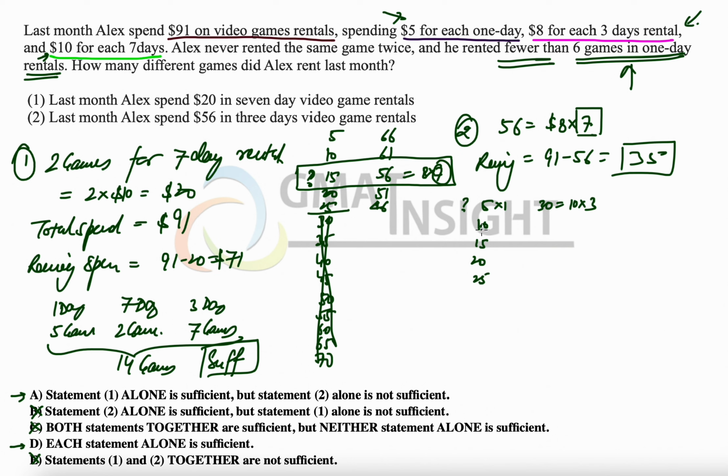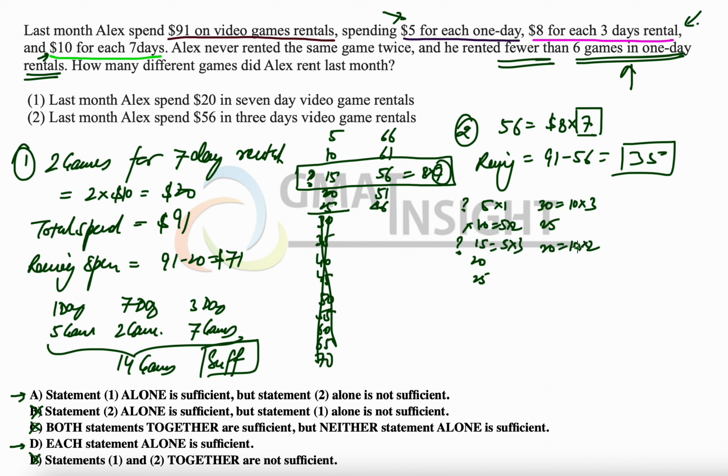The second possibility, let's see, 10 becomes 5 into 2 and the remaining becomes 35 minus 10 is 25. Is 25 divisible by 10? No, not possible. 15. So 15 is 5 multiplied by 3. So he might have rented 3 games for 1 day each, and the remaining is 35 minus 15, which is 20. So 20 is again possible. He might have rented 2 games for 7 days.